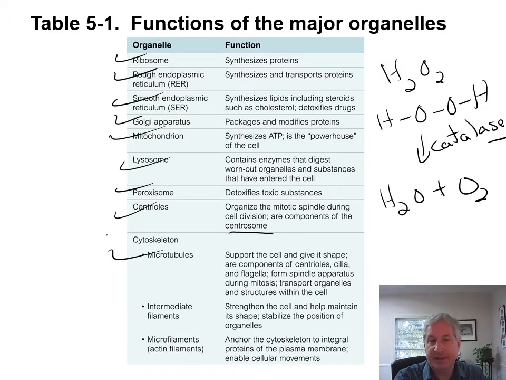So the cytoskeleton is made up of microtubules, intermediate filaments, and microfilaments. And all these different filaments make a structure, they give the cell the structure that it has. So it may be squarish, it may be rectangular shaped, but I don't need you to know all these different names and what all these things do.